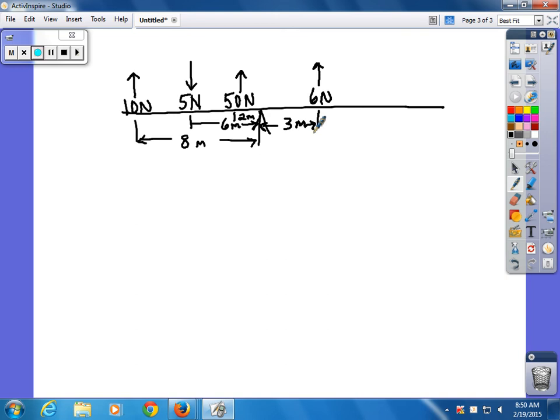And then this force at 10 meters, we need to know what force is there at 10 meters to balance it out.